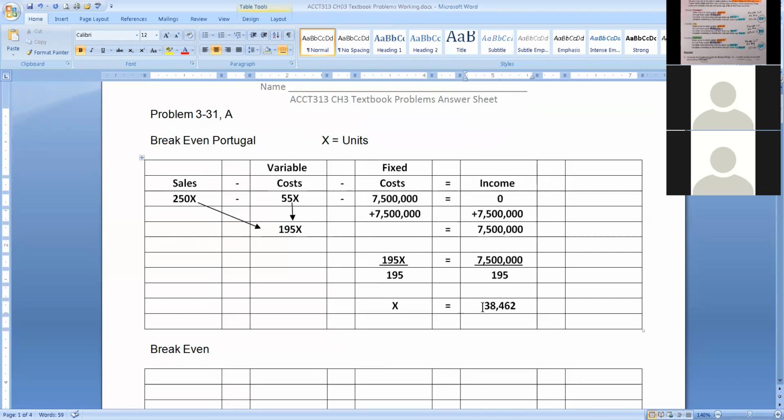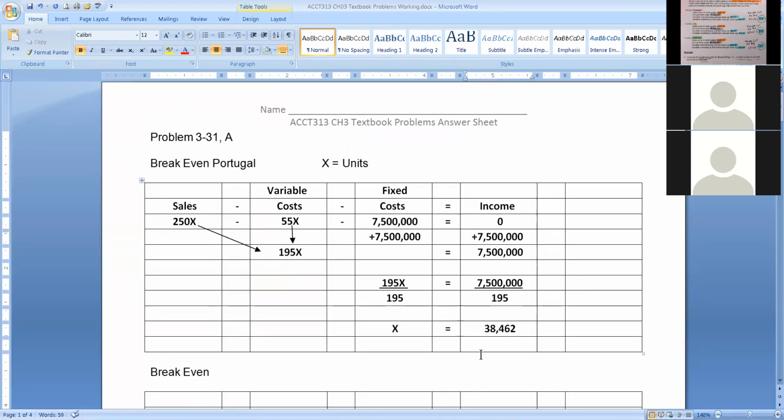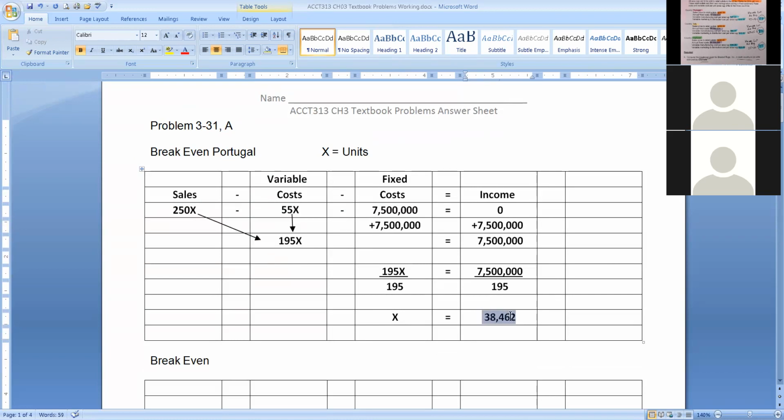The only time that wouldn't happen is, you can't sell 0.3 of a rug, so you're going to round these off. There are some things you can sell 0.3 of, like a ton of sand or something. But for things that are whole units, you generally are going to round them up.